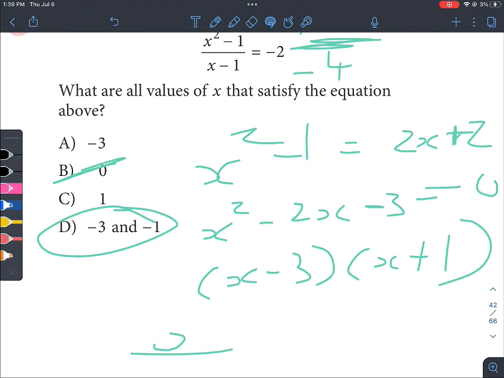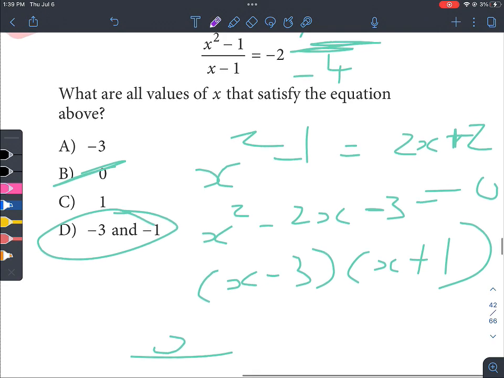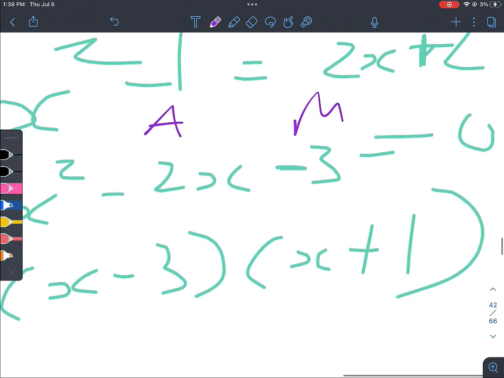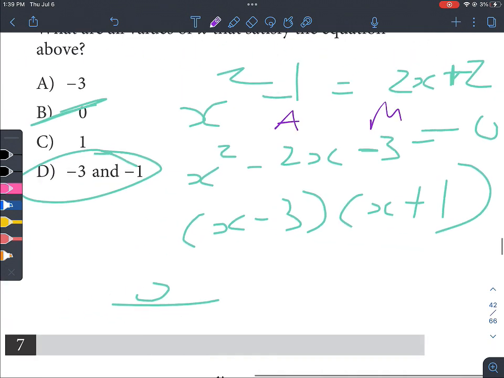Okay, so the method I was using here was to factor quickly. You have to find out what adds to negative 2 and what multiplies to negative 3. But what I did, I mixed them up and I said, oh, negative 3 times 1 multiplies to, that has to be correct.